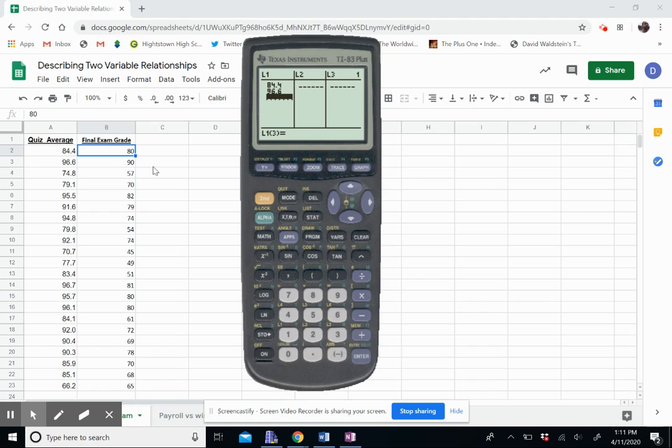So we're going to put the first column in L1 and the second column in L2. So hopefully you do this as you're watching, that way you actually know what you're doing when we get to doing the examples. And be careful about getting it correct. 92.1, 70.7.